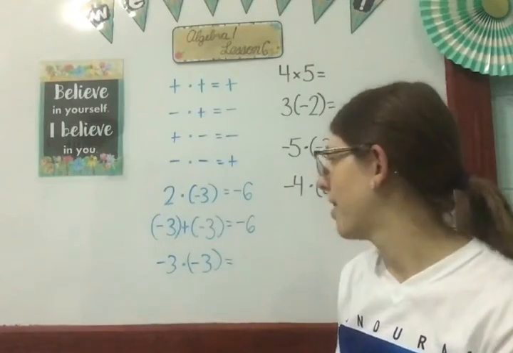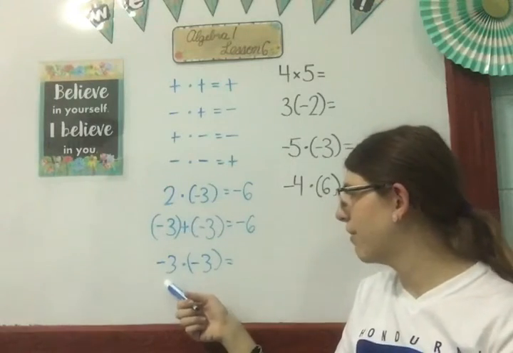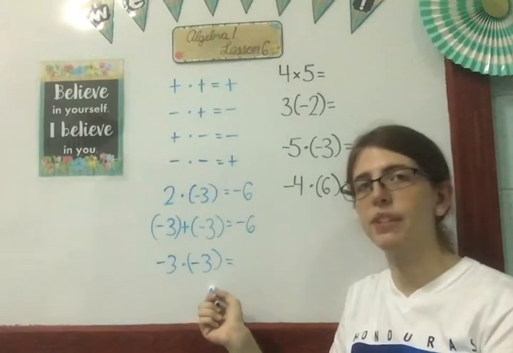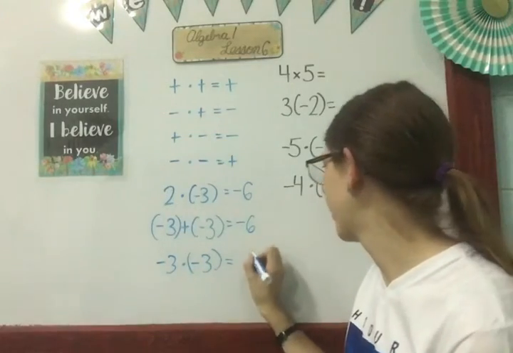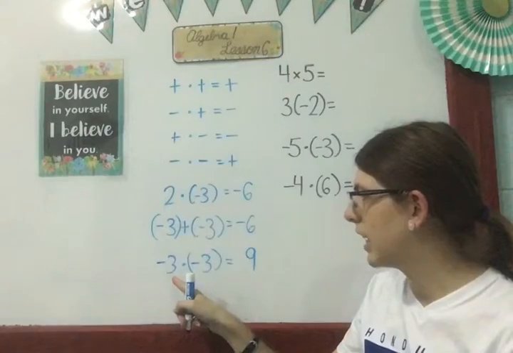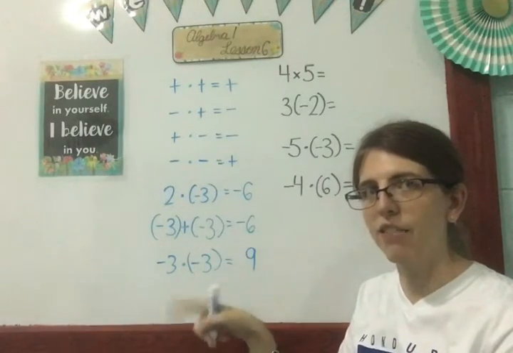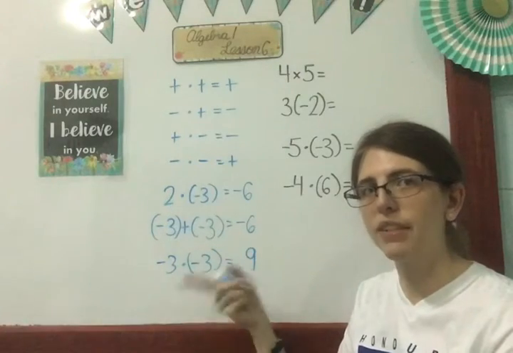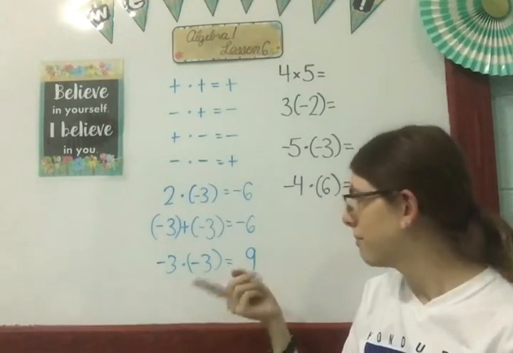Now how about this one? Negative 3 times negative 3. Well, it's the opposite of 3 times the opposite of 3. So 3 times 3 we know is 9. So my answer is the opposite of the opposite. The opposite of 9 is negative 9, and the opposite of negative 9 is positive 9.